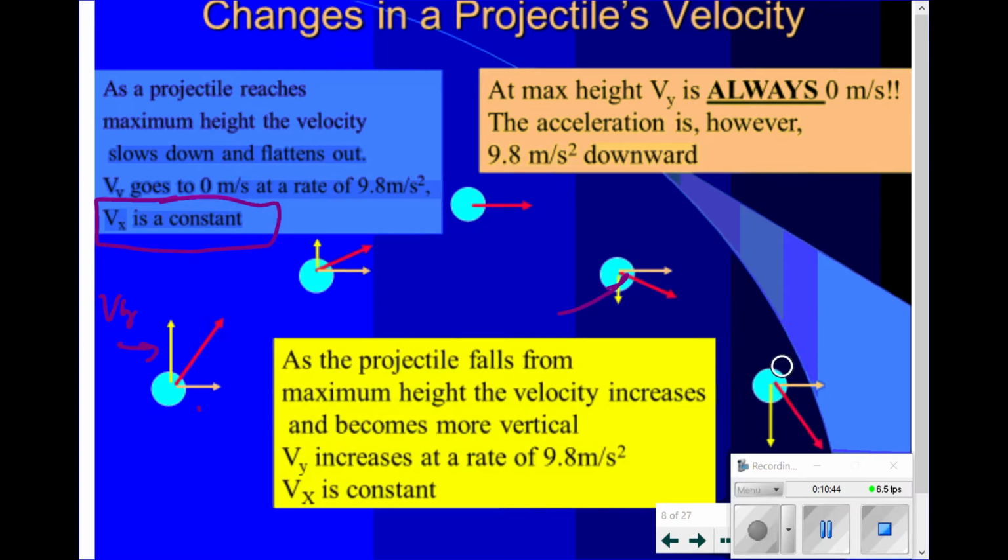However, the y-axis is always changing. If I am moving upward, my acceleration will cause my velocity to become smaller to a point where it eventually stops. And it will get smaller at the rate of the acceleration of gravity for the planet or moon that I'm on. Again, for Earth, that would be 9.8 meters per second squared.